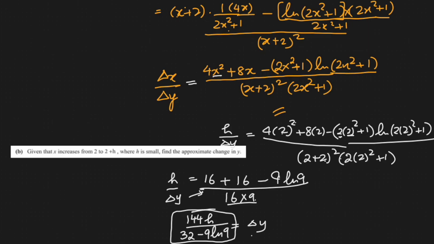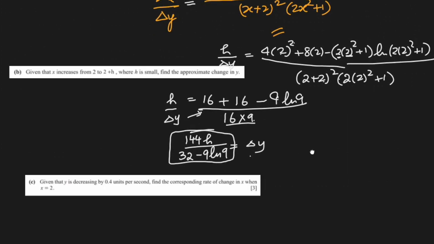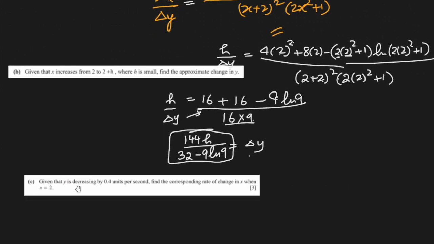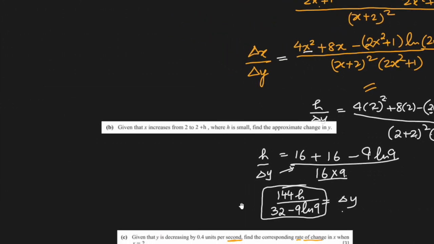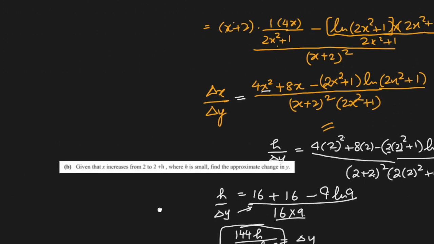Given that y is increasing by 0.4 per second, so they have introduced time. Find the corresponding rate of change, again meaning with respect to time, in x when x is equal to 2. And go here. This was dy over dx, right? So let me rewrite this.